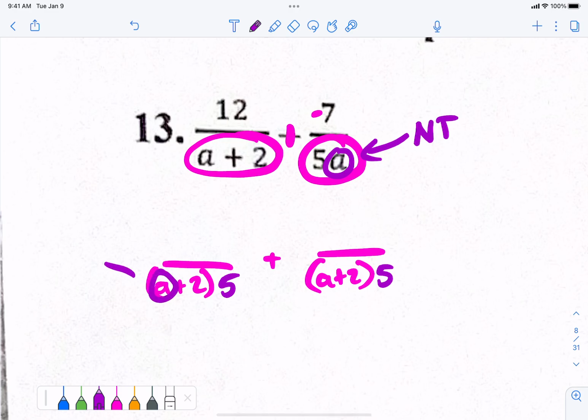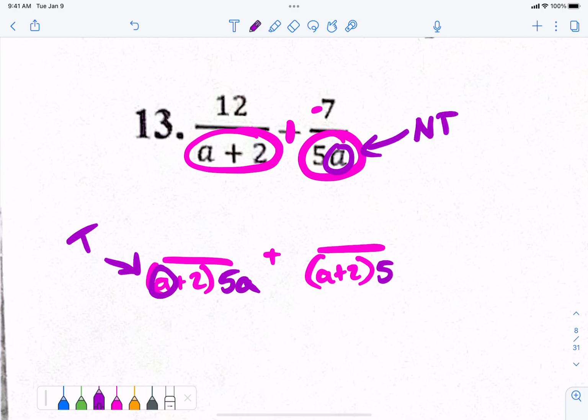This a right here is a trapped a. They are entirely different A's, so they might as well be A and B instead, right? Like, they're not the same A. So I need an A on my 5 as well, because one of them is a trapped A and one of them is not a trapped A. So they are entirely different A's. Does that make sense? Okay, so I just need both pieces. I need A plus 2 and 5A. Got it?